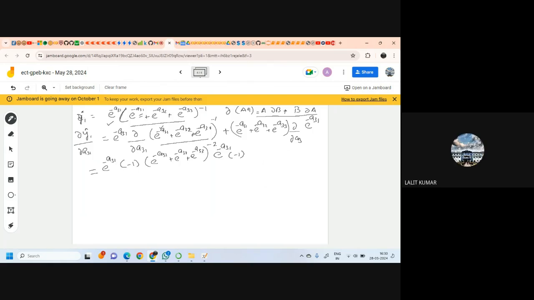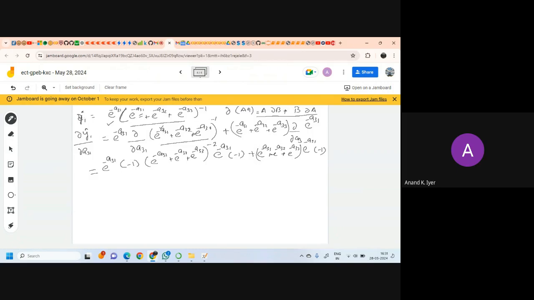This is clear. Here this will become minus e to power minus a31 plus e to power minus a32 plus e to power minus a33. Now here it will also become e to power minus a31 and minus 1. This is clear?